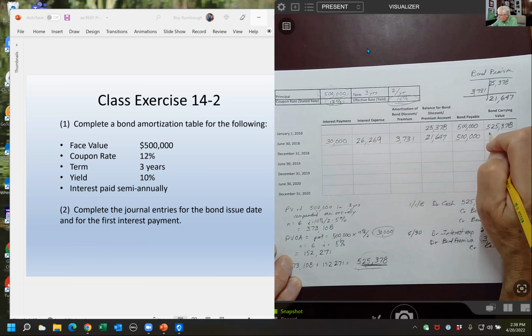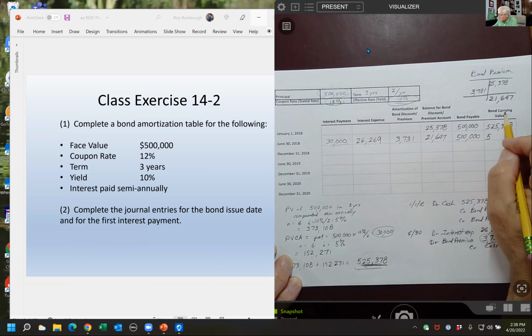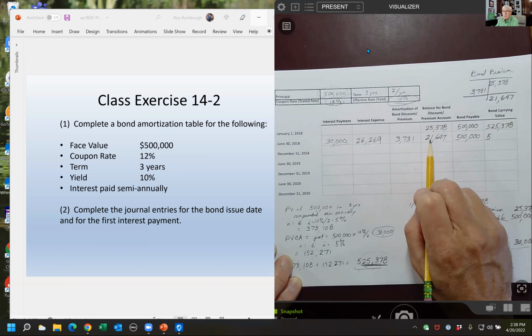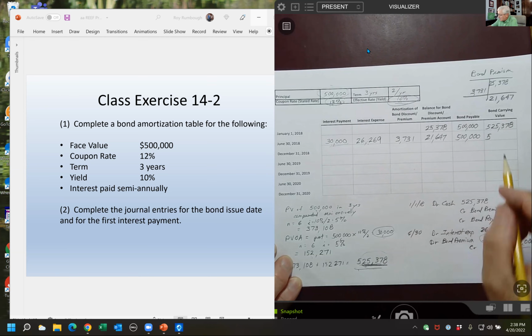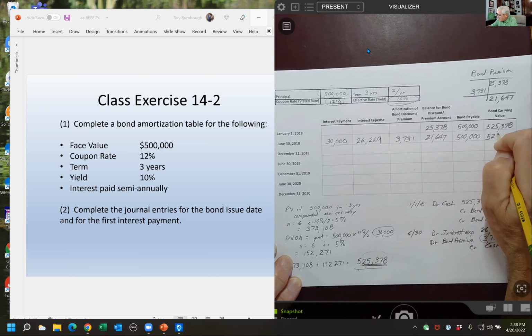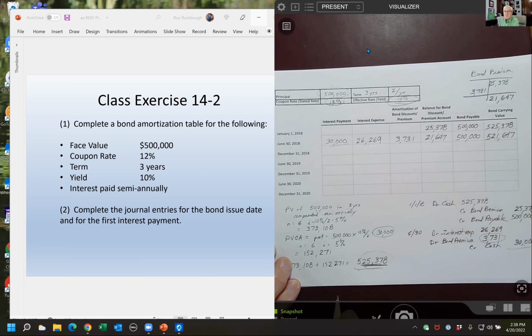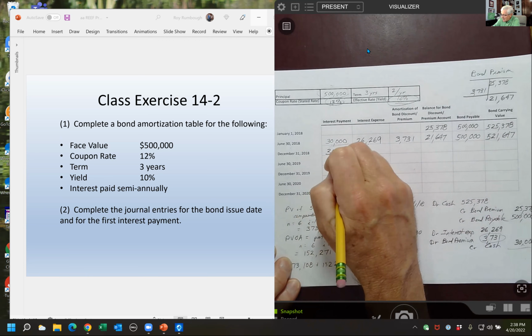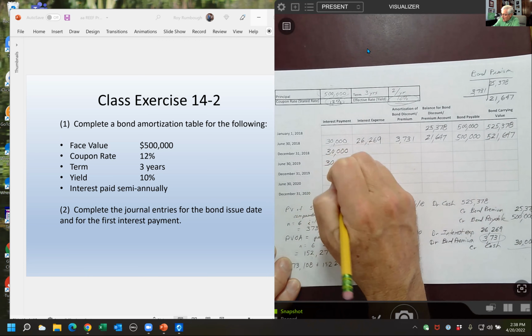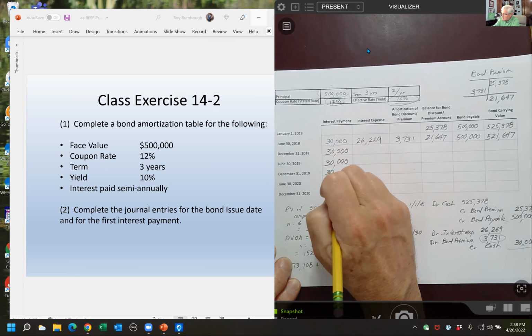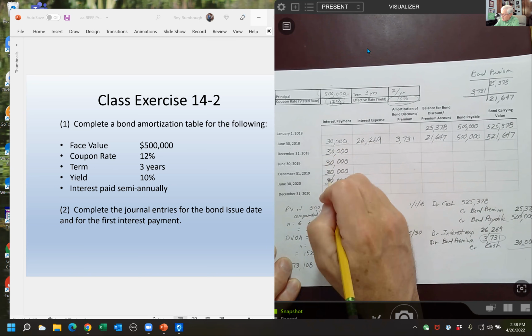And so now my carrying value is my bonds payable account plus my bond premium account, 521,647. Now we're going to do this, it's going to be boring for you probably. We're going to do this 6 more times. And every time, I'm going to go ahead and put these in. Every time we're going to have the same payment of interest. There'll be 6 of these.